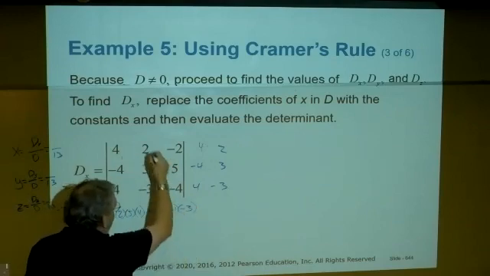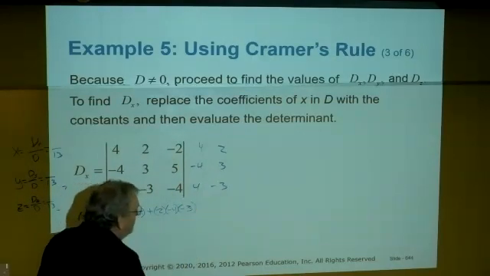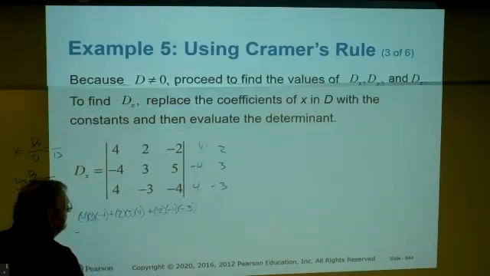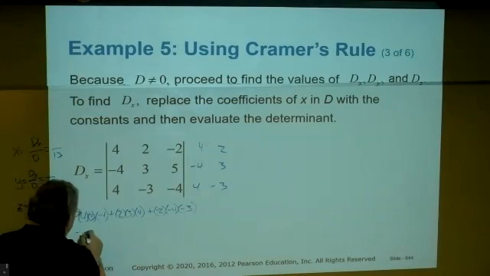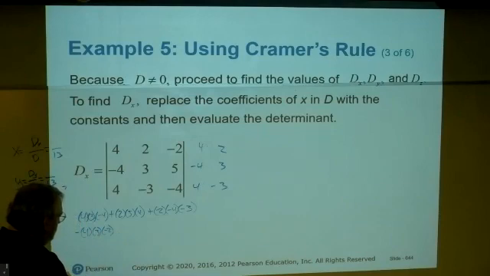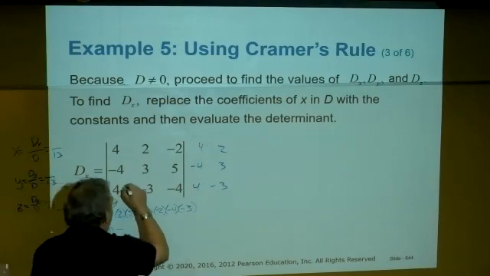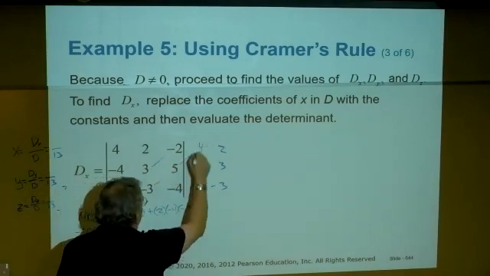So we had these 3 diagonals. And we're going to subtract the products of the diagonals going in the opposite direction. So that's -4 times 3 times a -2 minus, so we have this one, and then minus this one.